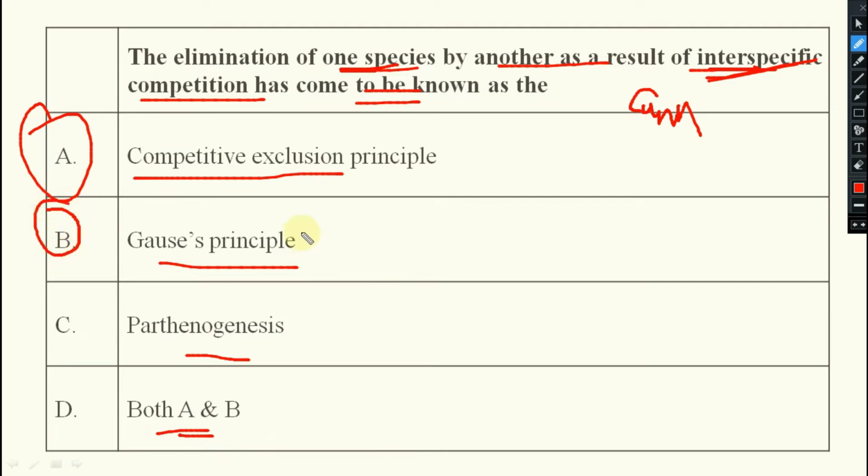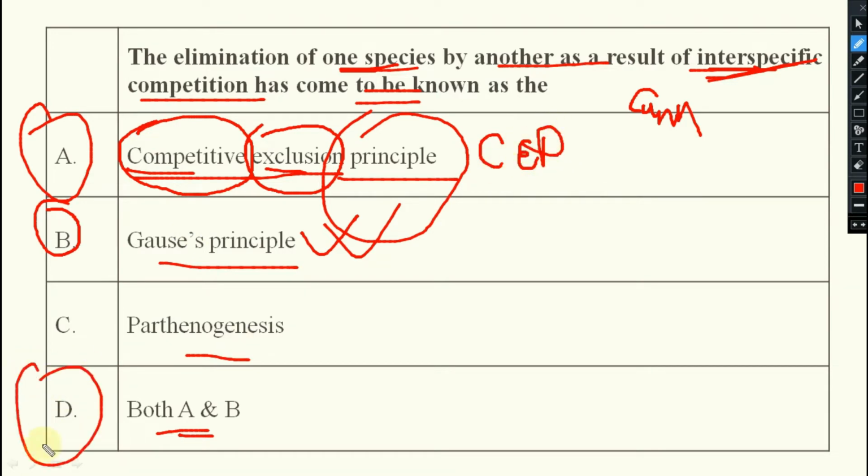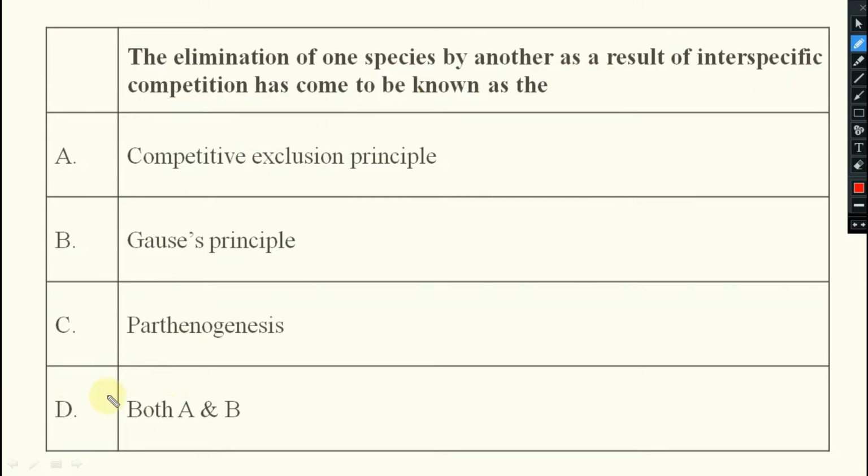This was given by Gause, that's why it is known as Gause's principle. And this is the competitive exclusion principle, the principle in which one species is excluded by another due to interspecific competition. So the answer is both A and B. Here you mark both A and B.